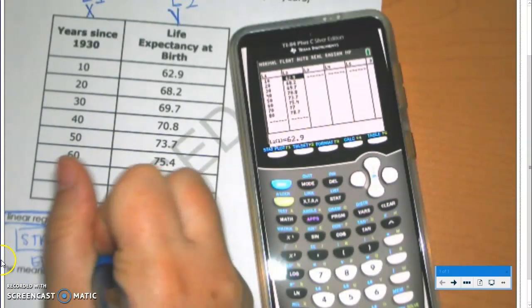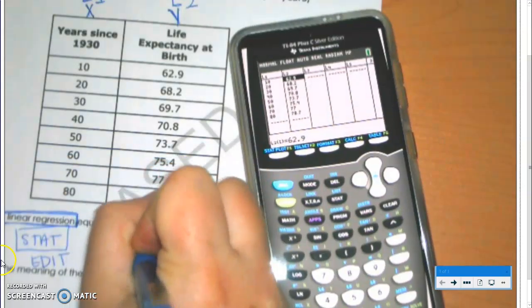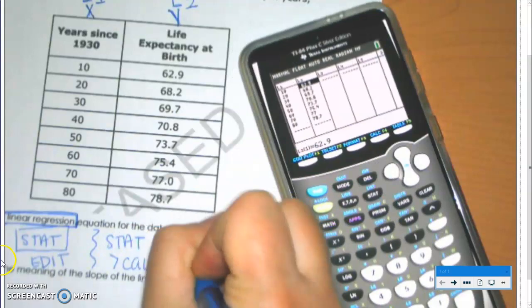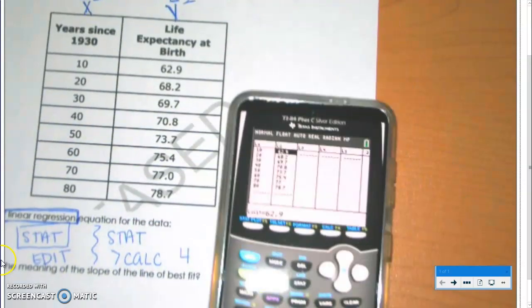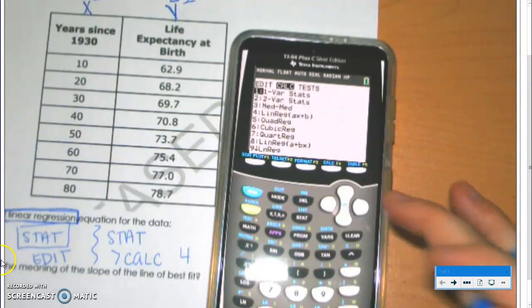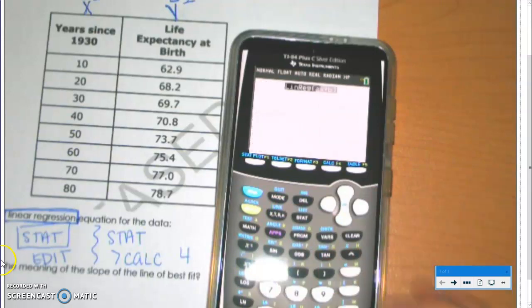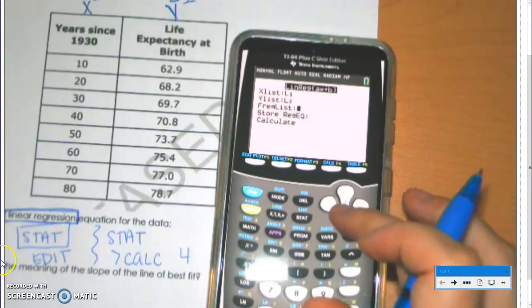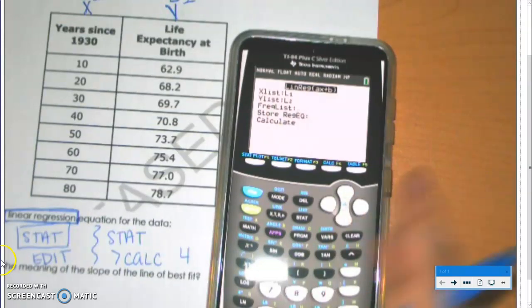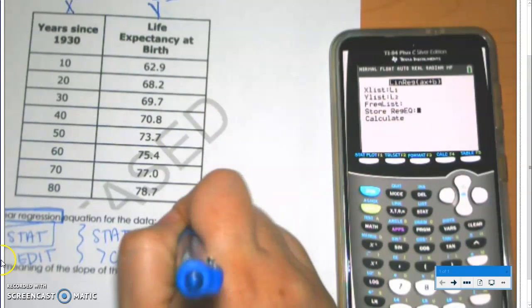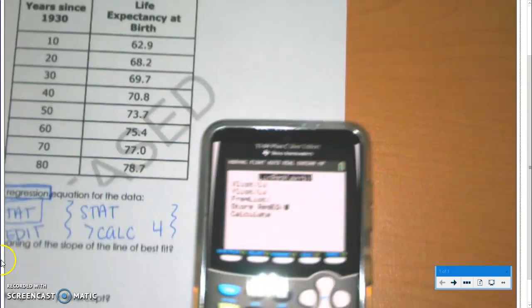I'm going to push stat again, and this time I'm going to arrow over to where it says calc, and then I'm going to choose option 4. L1, L2, I'm going to skip that, and where it says store, I'm going to push a few buttons here, because what I want to do is get this into y equals.